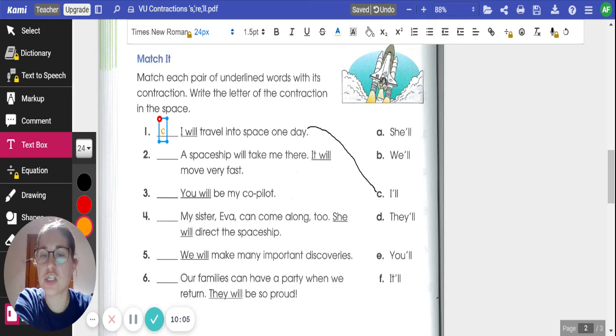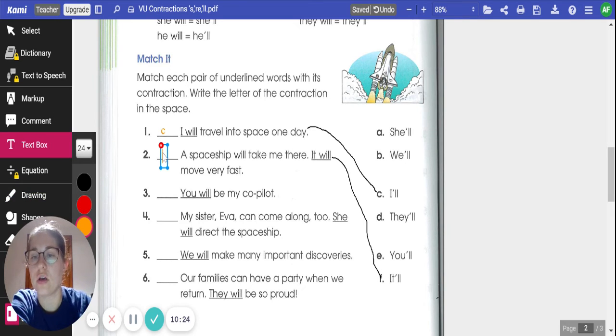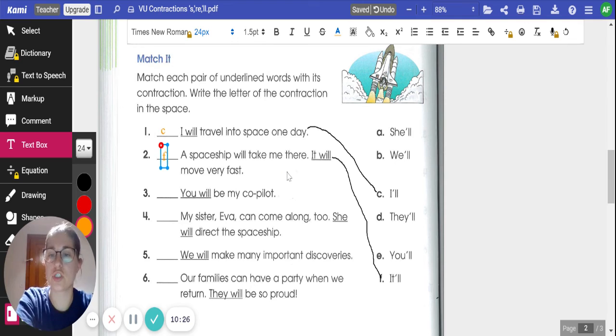Number 2, a spaceship will take me there. It will move very fast. It will, it'll, right? It, apostrophe, L-L. I see that's letter F, so I'm going to draw all the way down to match with F and put F on our line for number 2.